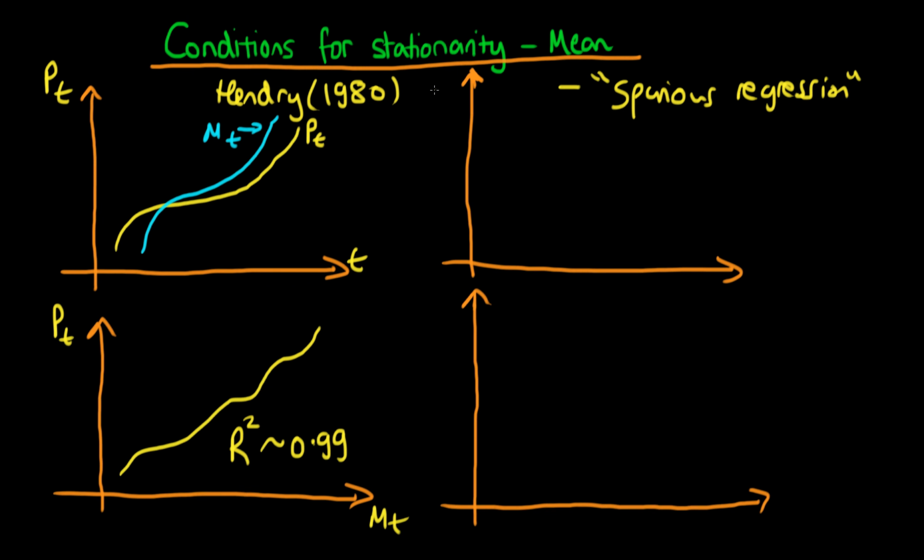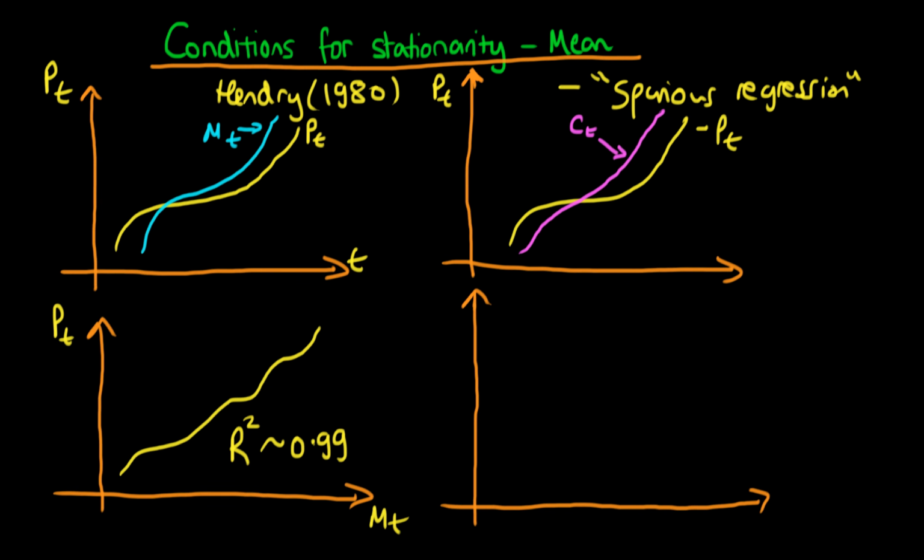Then he did another regression. He was looking at the relationship between PT, which is still the same, so it looks something like that, and he regressed it on something which I'm going to call CT. I'm not going to explain what it is at this moment, I'm going to explain it in a minute. So this is our variable CT here.